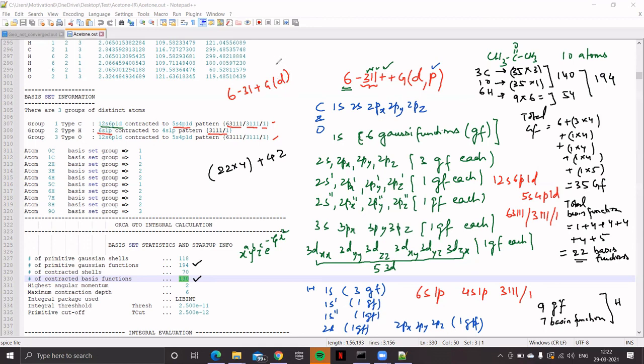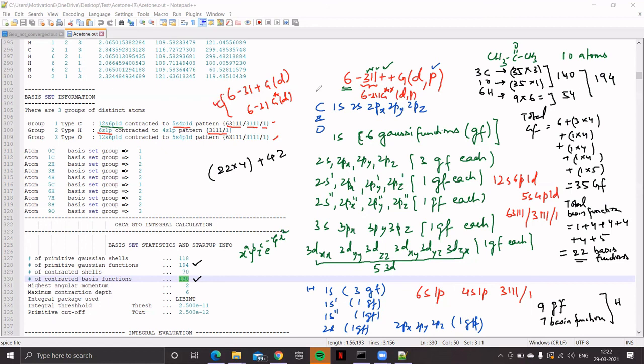Note in some of the books you'll find another way to write this. They write it in this form, 6-31G(d) with 1 star. 1 star means 1 plus. So this will be written as 6-311G double star. Double star is for 2 plus there. So that's another way to write the same thing.